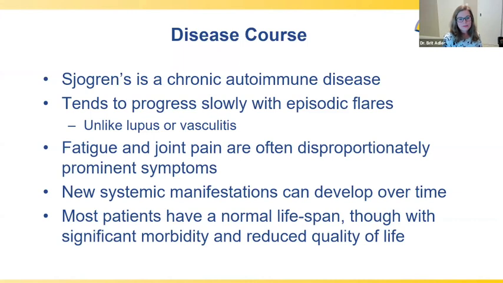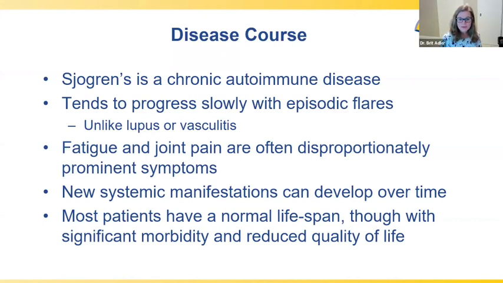Often fatigue and joint pain are disproportionately prominent symptoms. But patients can also develop new systemic manifestations over time. So just because someone presents with dryness and fatigue in the beginning, they're still vulnerable to getting new organ manifestations in the future. And so they need to be carefully monitored for these complications.